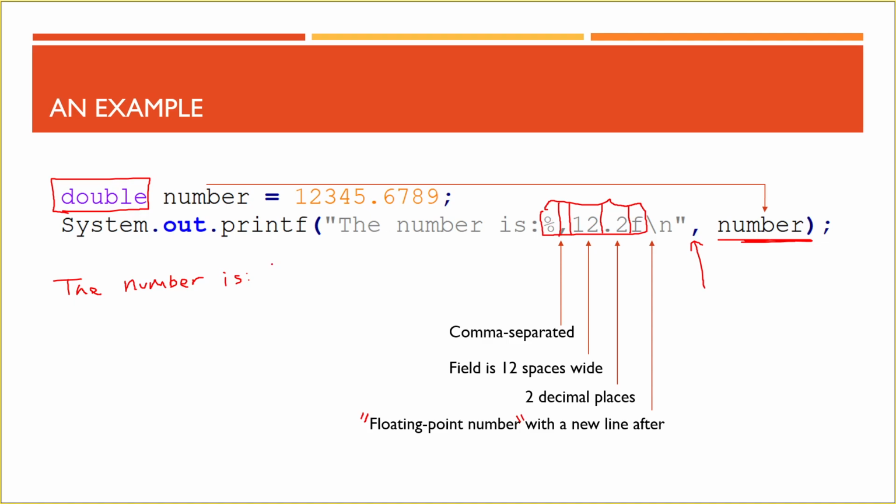So it's going to be 12,000, comma, because we specified comma separated, 345.68, and I'm going to have a new line at the end because I do have a new line character here in my message, right? So that's what format specifiers do for us, and the printf method is what allows us to use format specifiers.